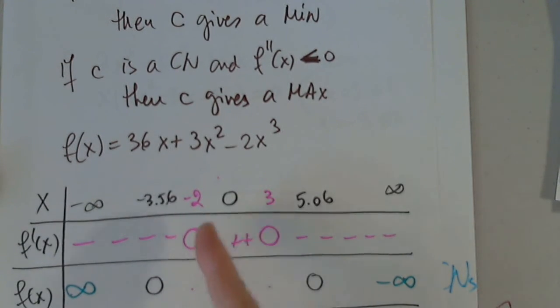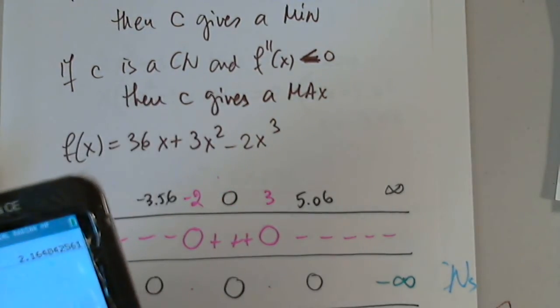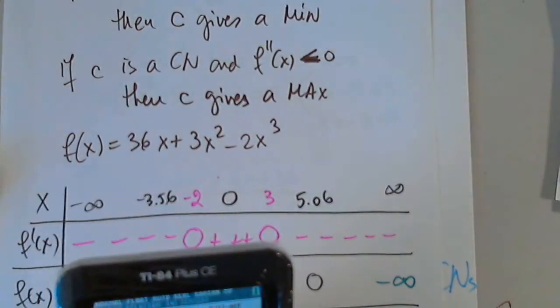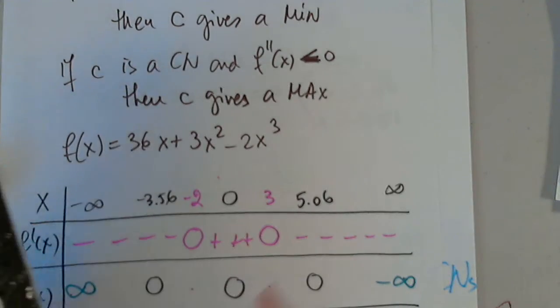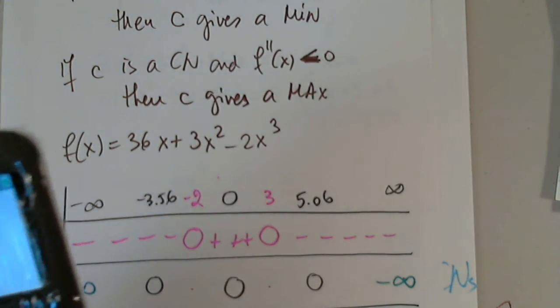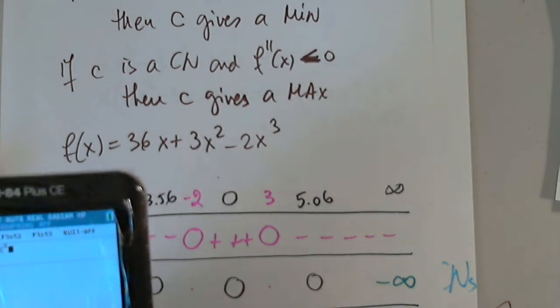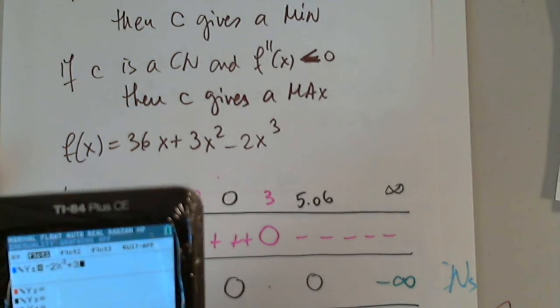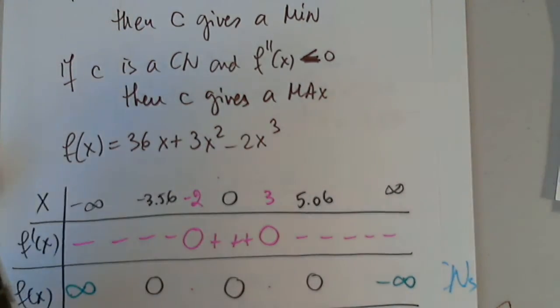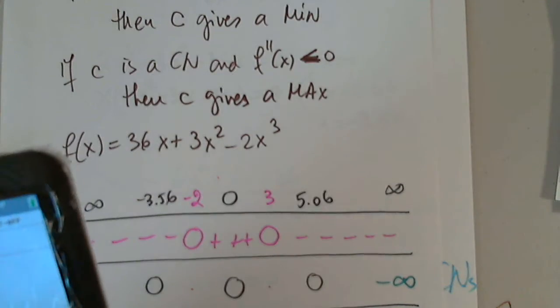Okay, so I'll have to plug in the function negative 2 and 3. And I am going to use the calculator for this one. I'm going to put in the function as negative 2x cubed, and then plus 3x squared, and then plus 36x.